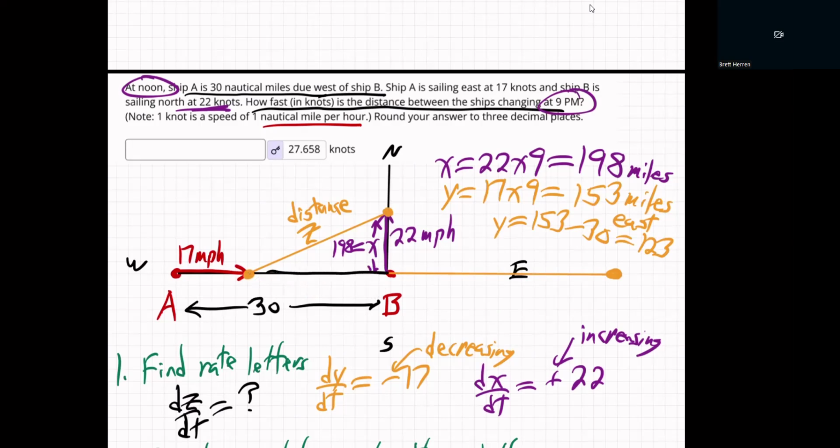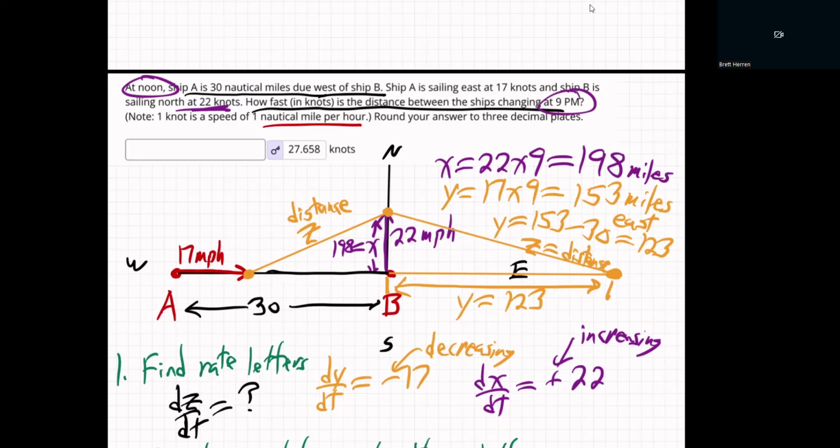Okay, Y is going to be right here, from here to here. Y will be 123 miles to the east. And so everything else is still true, all the equations we did. It's just they'll be like this. This will be the distance right here. This will be Z, which is the distance between the ships.